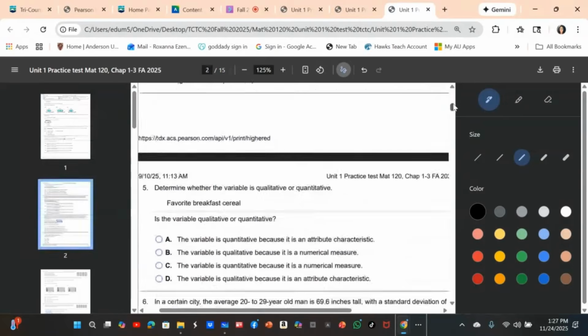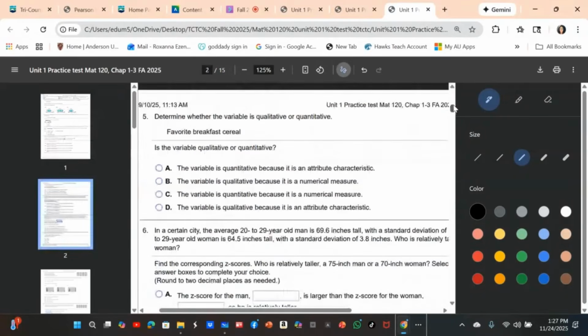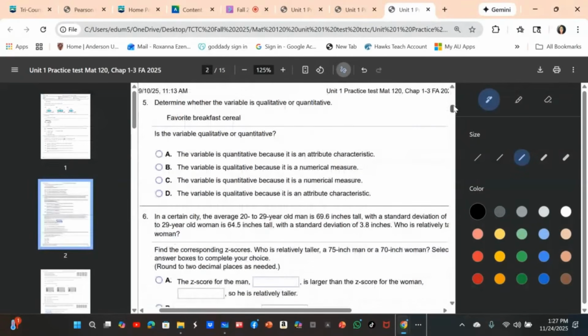The important thing is that this is a population, and therefore it is a parameter.